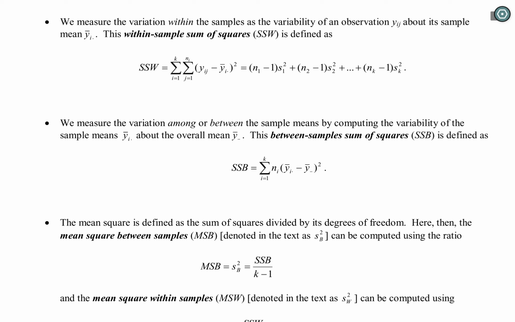Now, another source of variability here is variation among, or sometimes called between, the sample means. And we can measure that by looking at what's called SSB, the between samples sum of squares.